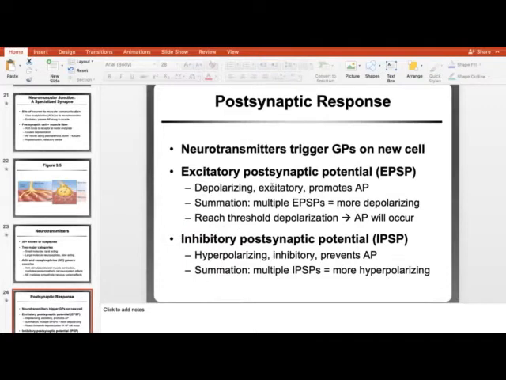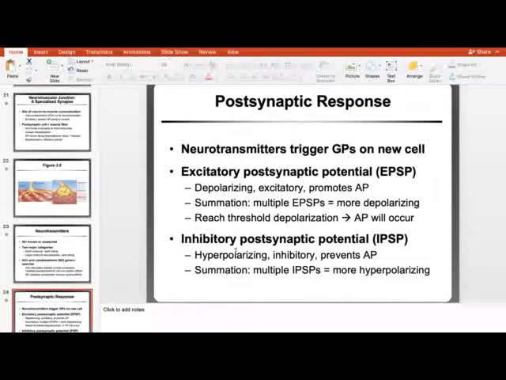All right, depolarization excites and promotes the action potential. There are some neurotransmitter signals that excite the postsynaptic potential, which means that it depolarizes, making things less negative. And there are other signals that inhibit the postsynaptic potential, hyperpolarizing, making it potentially more negative.